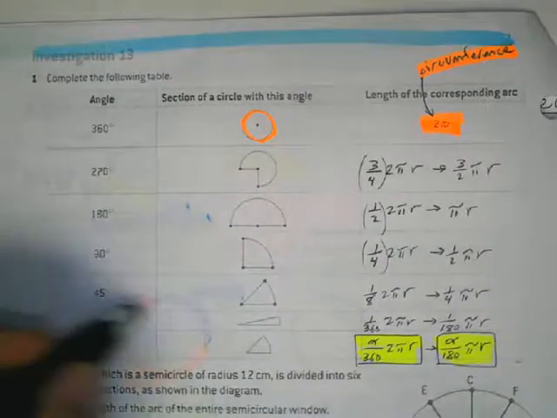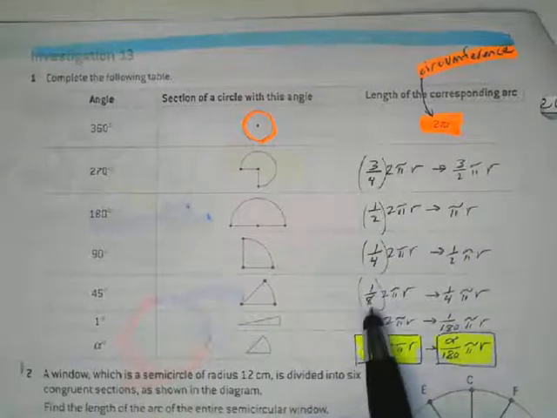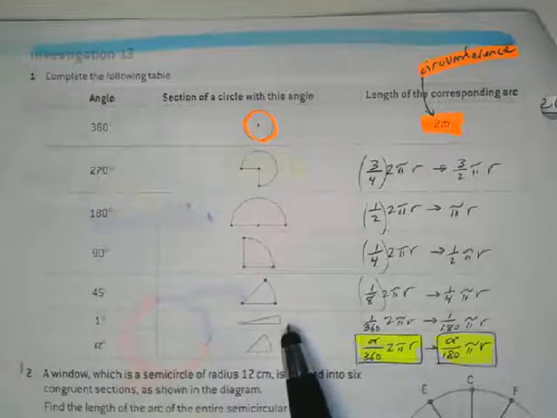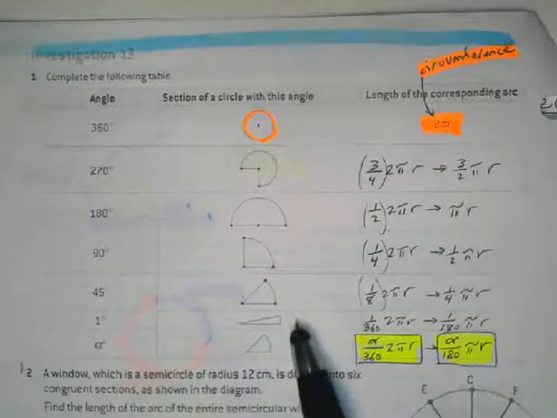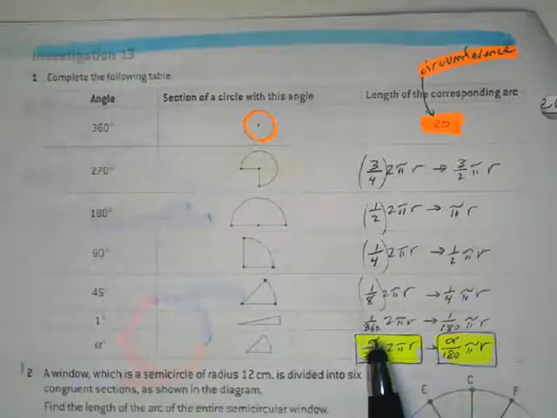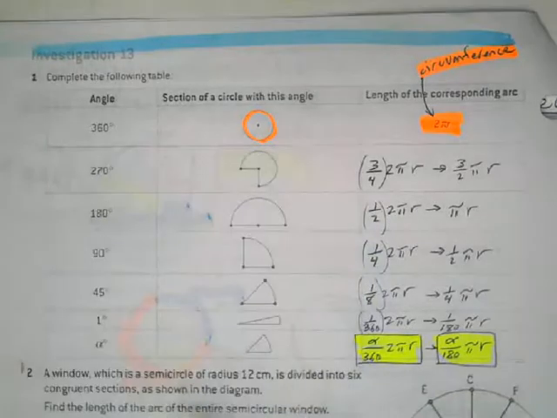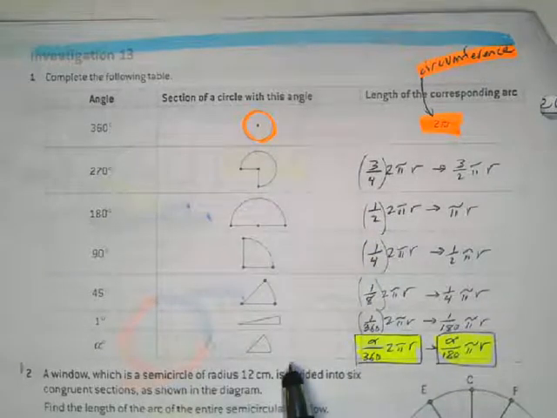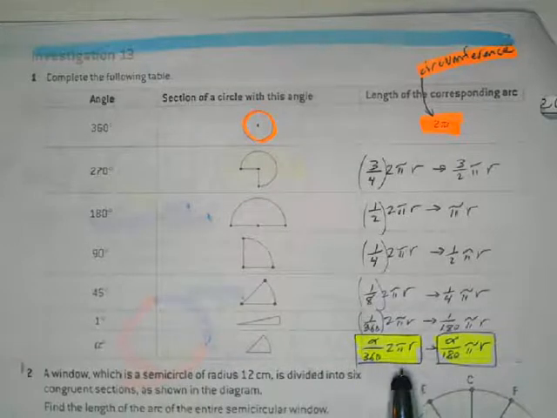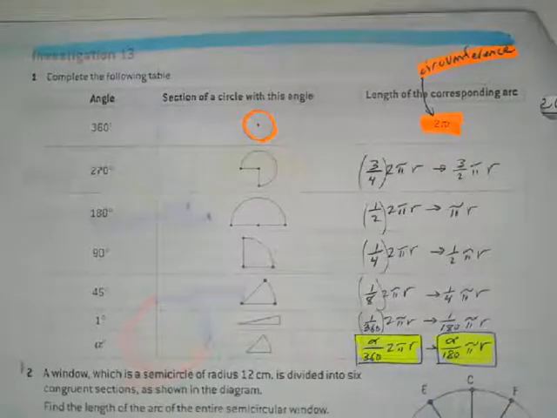This is 1/8 of a circle, so we multiplied by 1/8. At 1 degree, how many 1 degrees are there all the way around the circle? The circle is 360, so it's 1 over 360 times 2 pi r, which helped us conclude that the formula is the angle over 360 times 2 pi r. It gives us the formula for finding the length around the circle.